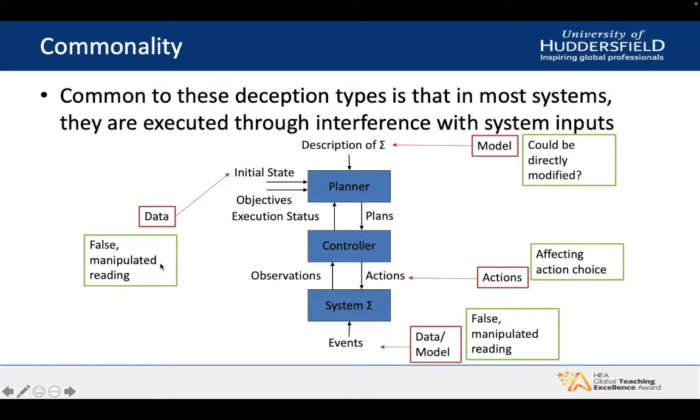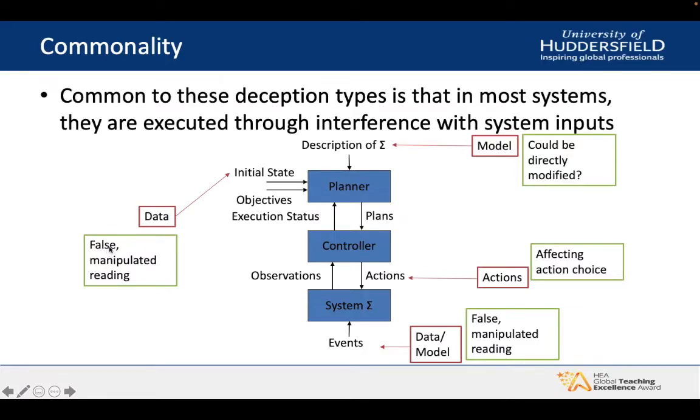And there are a few points, if we look back at this description of planning, where we've got the model. Can we actually directly modify the model in the first instance? Most likely the places the adversary is going to look to change are in the data.